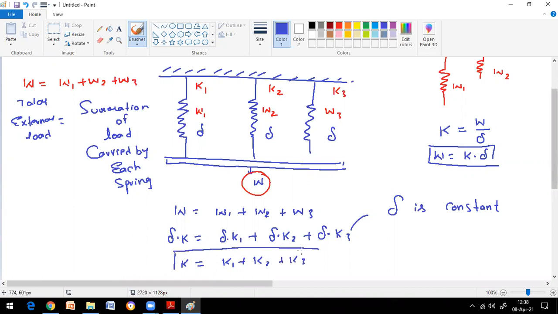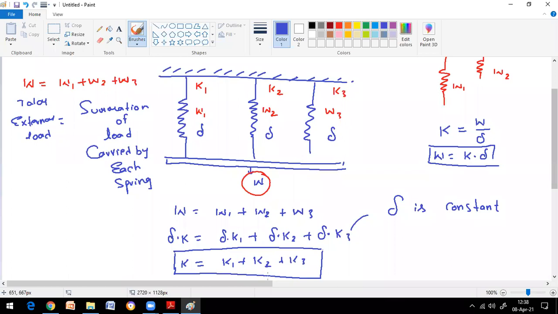So when springs are connected in parallel, the overall stiffness is the summation of each spring's stiffness. But when springs are connected in series, 1 by K is equal to 1 by K1 plus 1 by K2 plus 1 by K3.